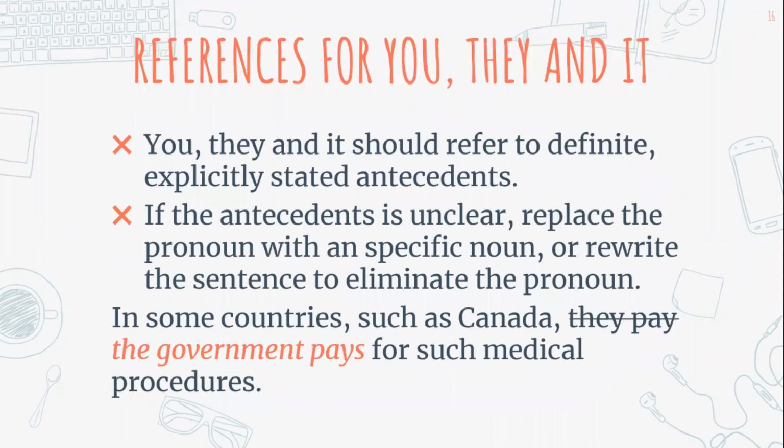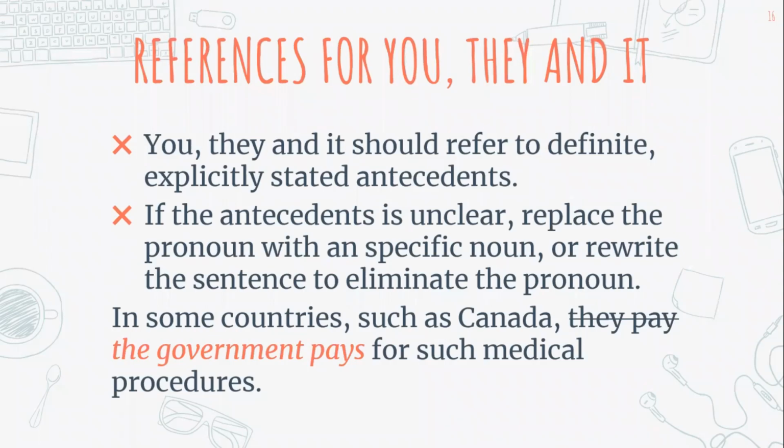And here we have some more notes. So you, they, and it should refer to definite, explicitly stated antecedents. If the antecedent is unclear, replace the pronoun with a specific noun or rewrite the sentence to eliminate the pronoun.